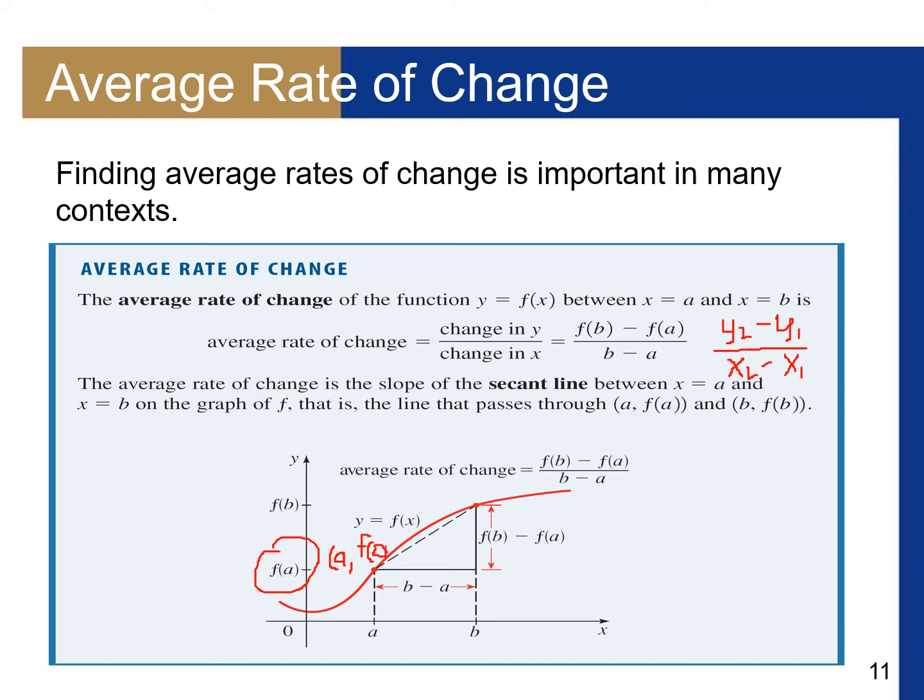Okay, so this is my first point here, and this is my second point here. Now, a secant line is a line that intersects the curve at two places. That's just what this is right here. And then this point up here will be my B, f of B.